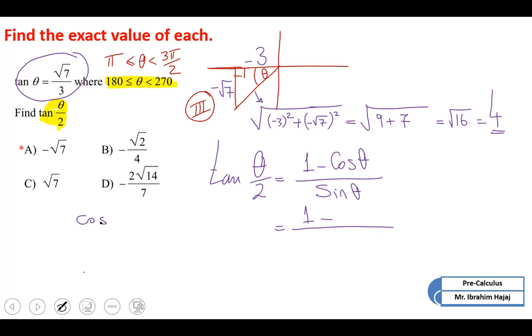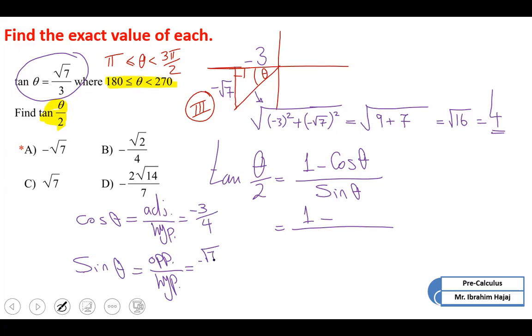From the triangle, cosine is adjacent over hypotenuse, and the adjacent here is negative 3 over the hypotenuse, which is 4. Also find sine theta to help us, which is opposite over hypotenuse, which is negative radical 7 over the hypotenuse 4.